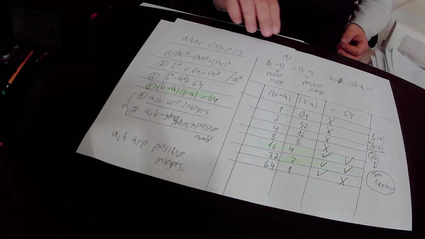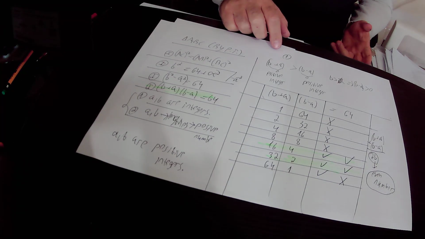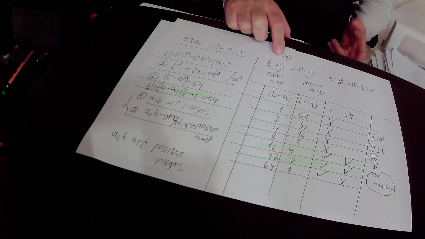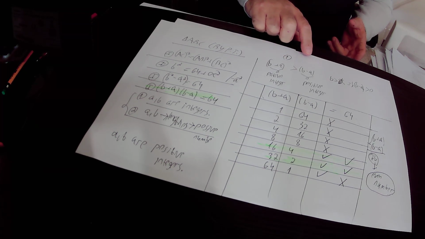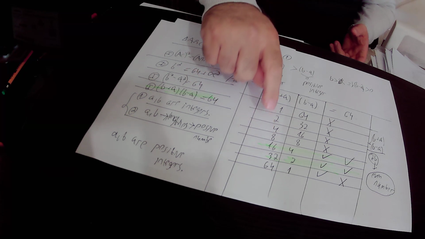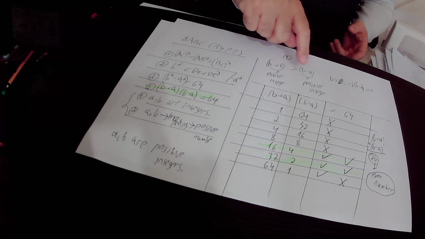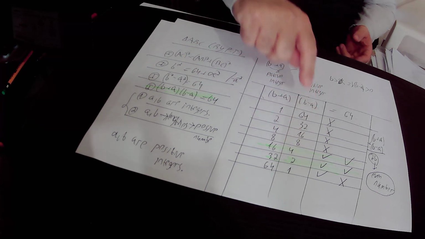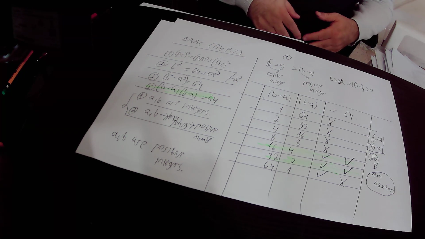But because we have already found out, we already proved that b plus a is greater than b minus a, it means that the first column, that is b plus a, must be greater than the second column, that is b minus a.